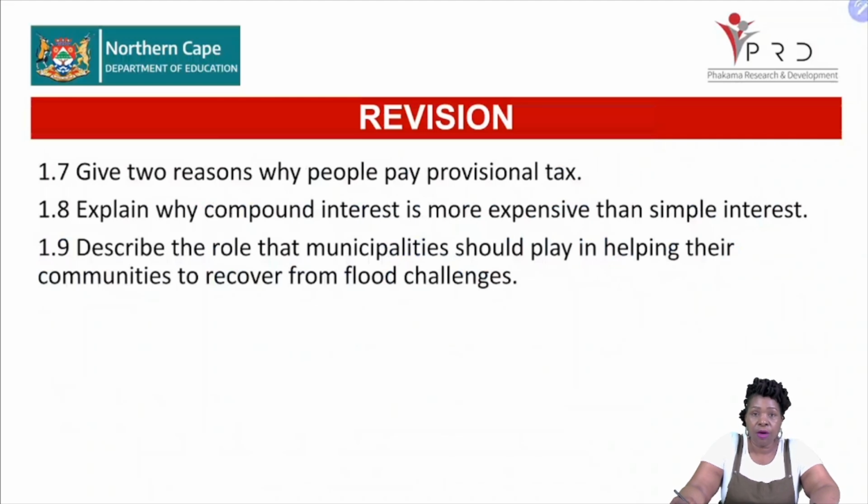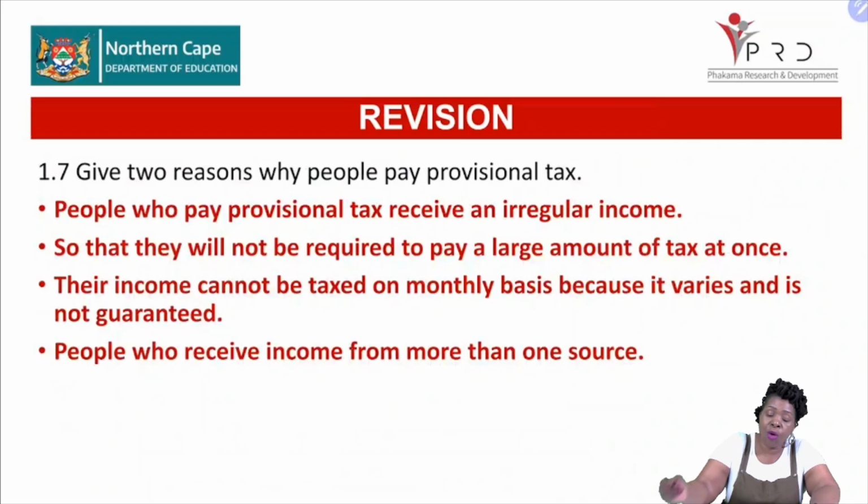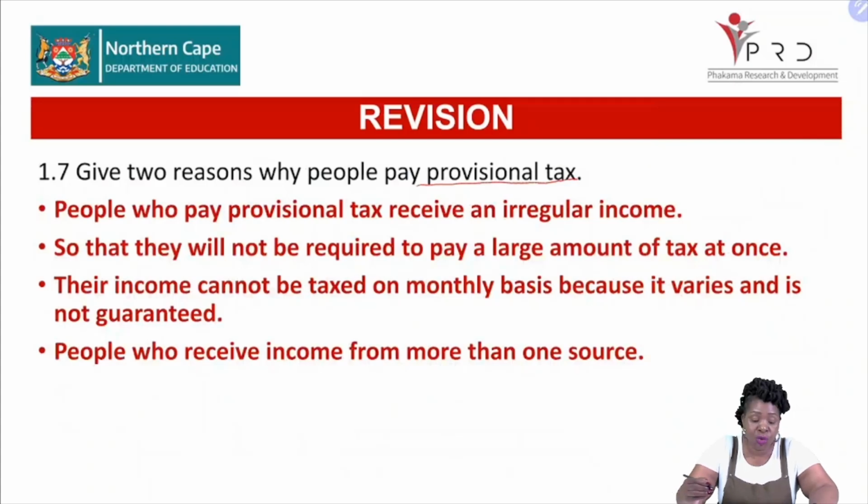Right, I hope we're done. Let's move on to our answers. We'll start with 1.7, which says, give 2 reasons why people pay provisional tax. So for us to answer this question, we need to know what provisional tax is, right? So people who pay provisional tax receive an irregular income.